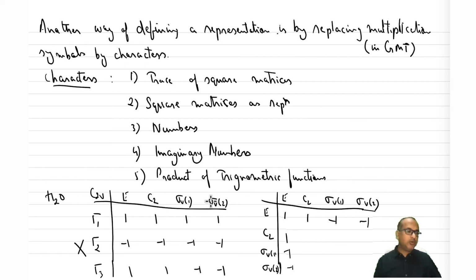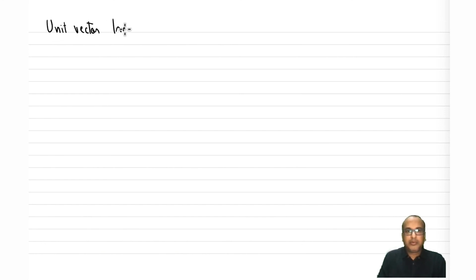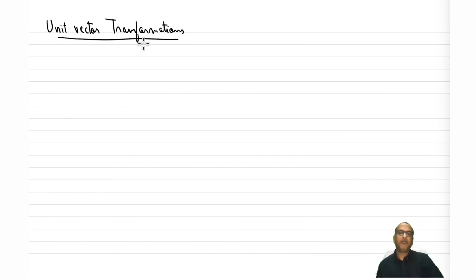So let us now quickly see if we can move to unit vector transformations. So what is a unit vector transformation? Unit vector transformations are the unit vectors along coordinate systems.